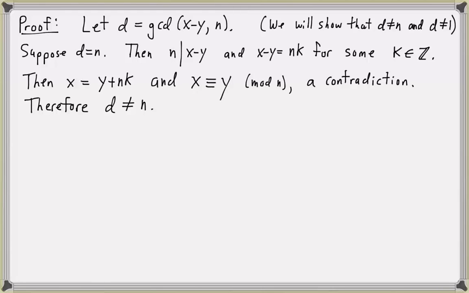Now suppose that d equals 1. In other words, x minus y and n are relatively prime.